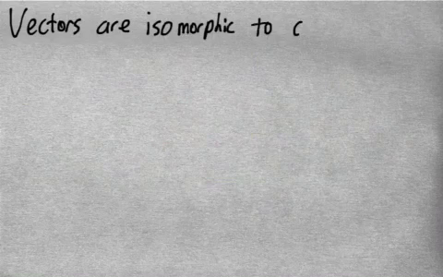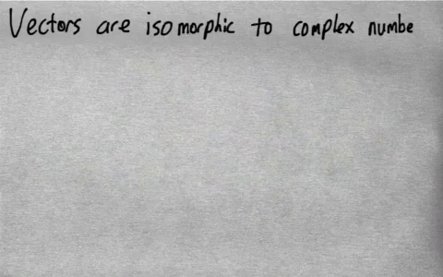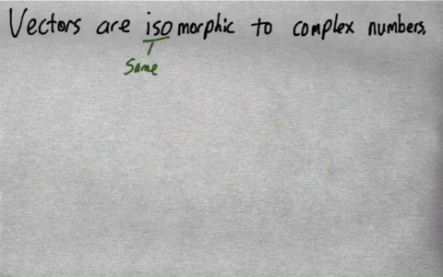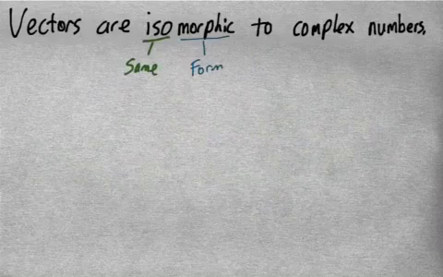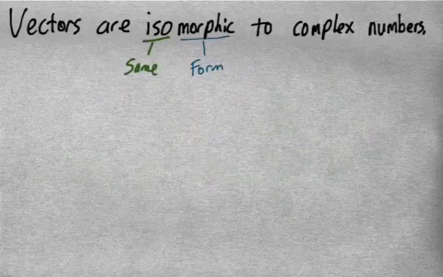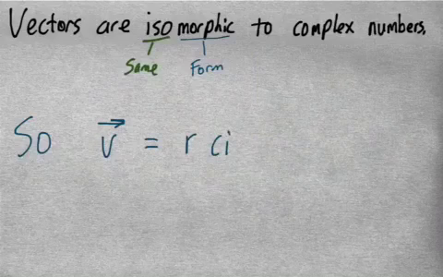Alright, vectors, they are isomorphic to complex numbers. And isomorphic is a math word. Basically, when we break it down, iso means same, and morphic means form. And so everything we just learned with complex numbers, we can extend to vectors and use in the same respect. So vector V is going to be equal to R cis theta.